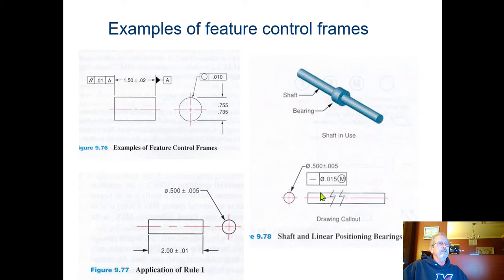Okay, this flatness, again, might be very important. Now, these are called break lines right here. This may be a very long shaft, and they just broke this apart to let you know, and they showed those symbols right in there to show you that it's actually drawn shorter than what it really is. But this is for your flatness, your straightness rather, and how straight this should be according to runout. Okay, so it's very important for that to be very, very flat there. Okay.